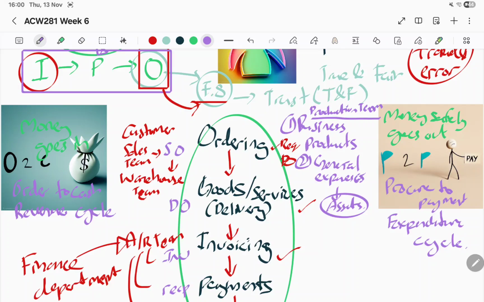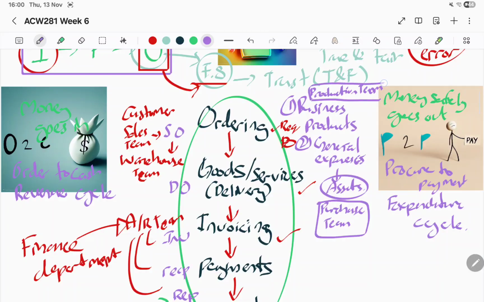It might be from any department, in terms of requesting what kind of things they want to purchase. From there you will raise a purchase requisition into the system.